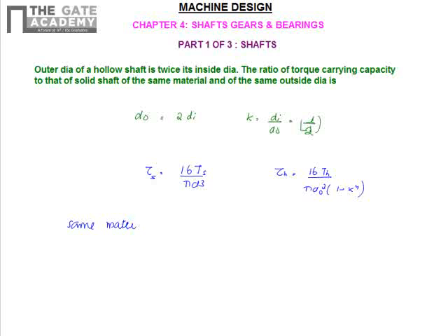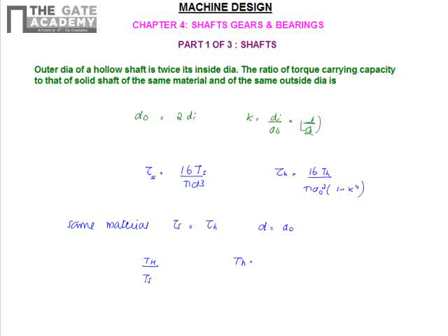If both the materials are same, then tau s should be equal to tau h. The maximum allowed shear stress should be same in both, and the outside diameter is also same, so we can say d is equal to Do. Then what they have asked is the ratio of the torque carrying capacity of hollow shaft to that of a solid shaft.